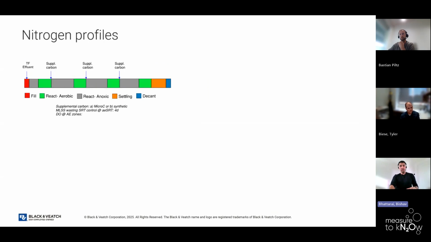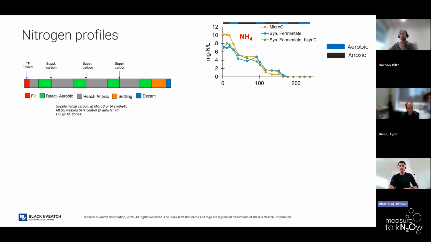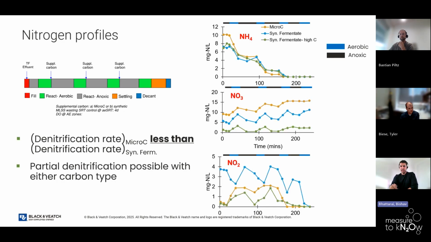So before we go into the nitrous oxide, let's look at the inorganic nitrogen species profiles. We have ammonium, nitrate and nitrite, pretty standard: you're getting nitrification in aerobic, and then denitrification occurring in the anoxic phases. A couple of key takeaways: there was no impact on nitrification, we were getting full nitrification every time.